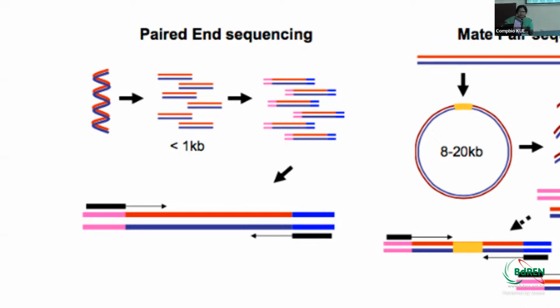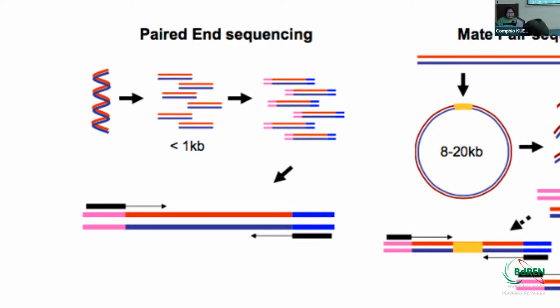But this information helps in scaffolding. I can have the sequence from a single end, but with paired end, my genome sequence will be more reliable, but it will be costlier. As you know, paired end means I'm sequencing from both sides, so it will cost double.